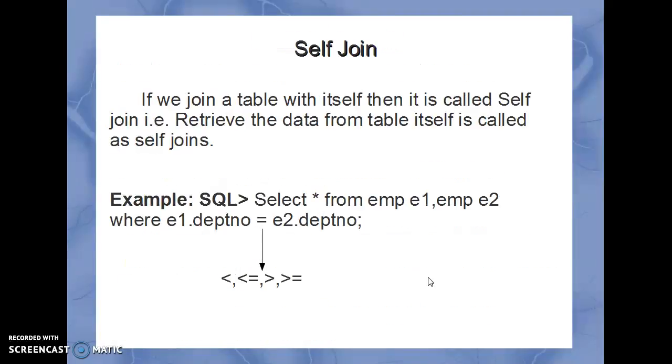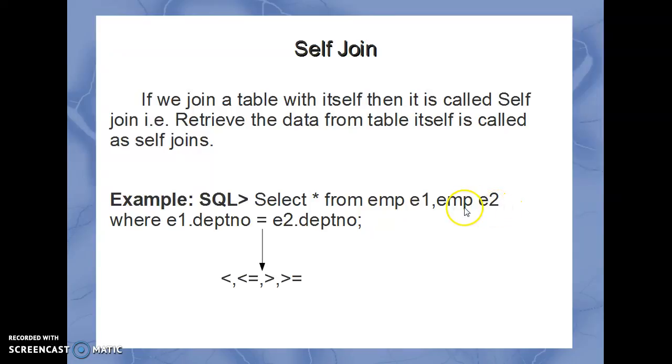Let's see the next join operation, called self join. Self join means joining a table with itself. Let's see how it is performed. Select star from emp e1, emp e2. Here emp is the table name, e1 is an alias name, and emp again is the same table name with e2 as the second alias name.